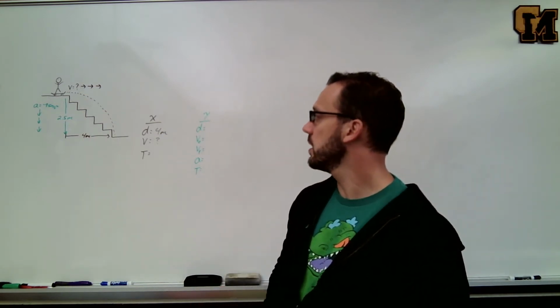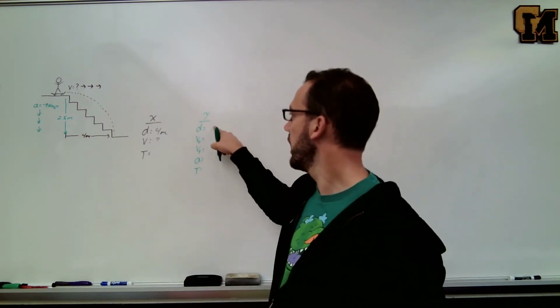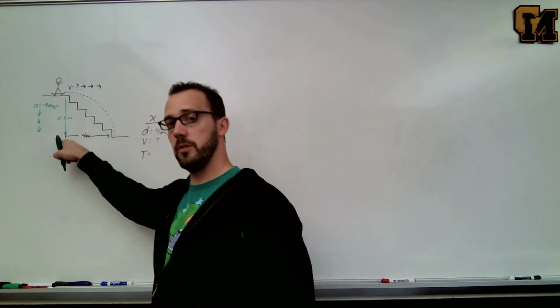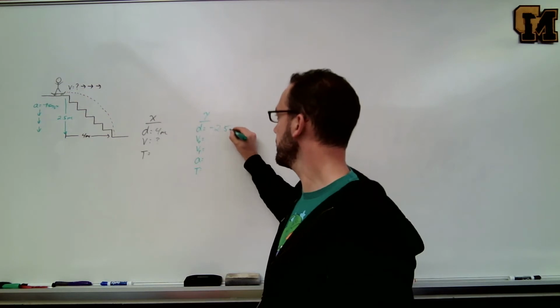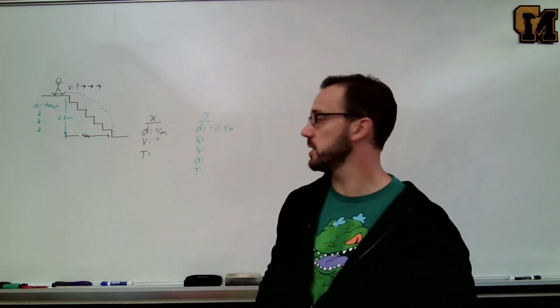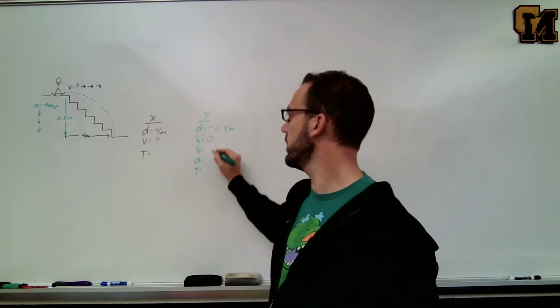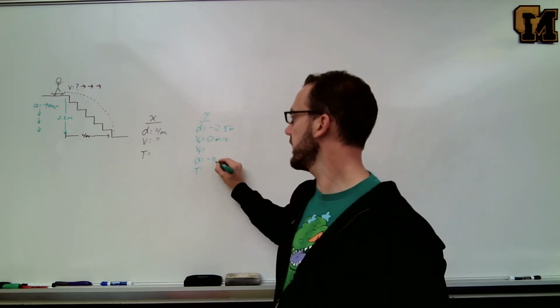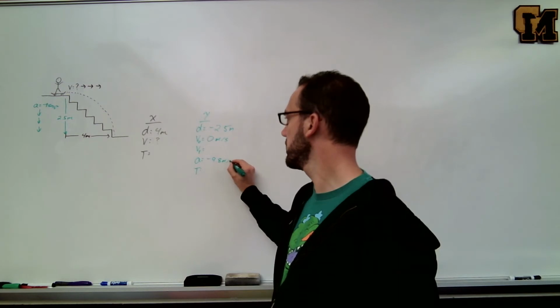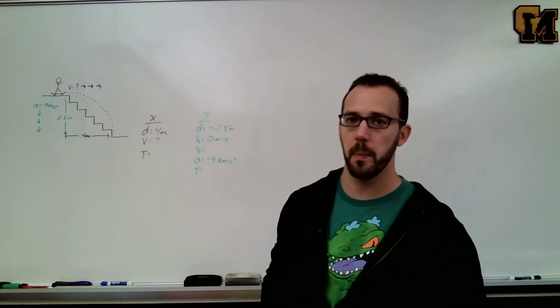Up and down, I know that I'm going to have a drop of 2.5 meters. So that's negative 2.5 meters in the y direction. Our initial velocity is 0 because we're skating horizontally. And our acceleration is negative 9.8 meters per second squared.